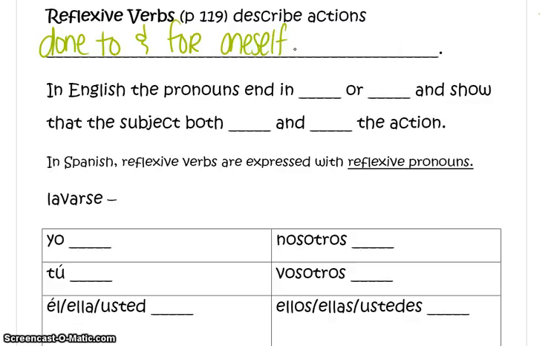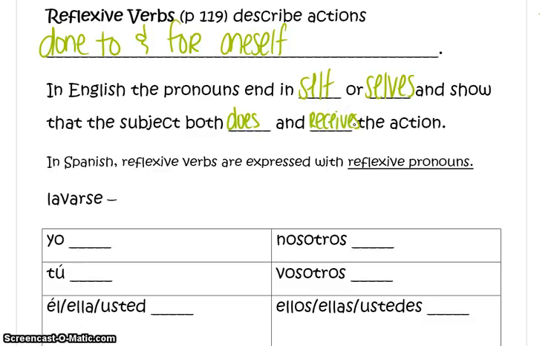In English, these pronouns end in self or selves, like I wash myself, I shower myself, I wake myself up. This shows that the subject of the sentence both does and receives the action.